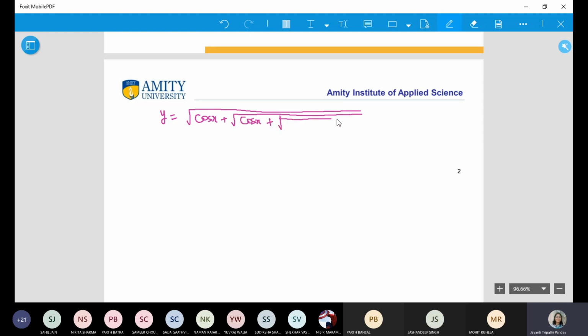Miscellaneous of NCERT? Yes, ma'am. We can take cos, root, plus 3x, and then differentiate. Under root, you can write it as root of cos x plus y. Then you square it up, and that will give you cos x plus y, and differentiate.